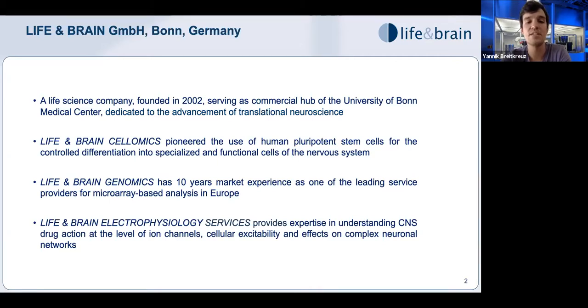The company is divided into three platforms. The Cellomics unit, where I'm working, has a strong focus on human pluripotent stem cells for the controlled differentiation into neuronal and glia cells. Besides this platform, our company includes the genomics and the electrophysiology services.